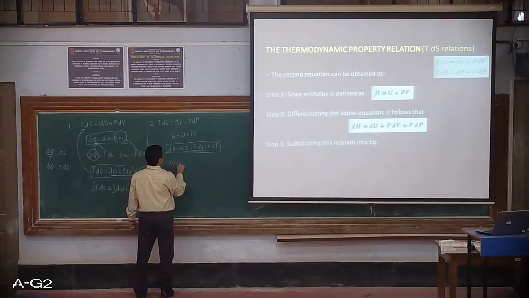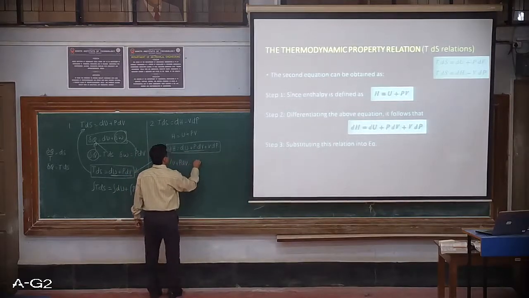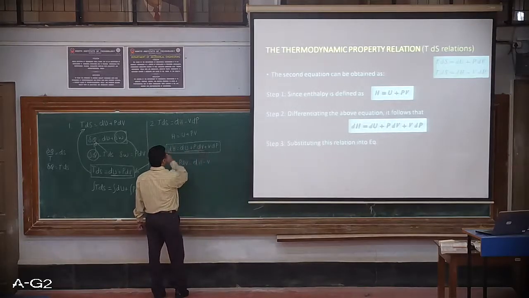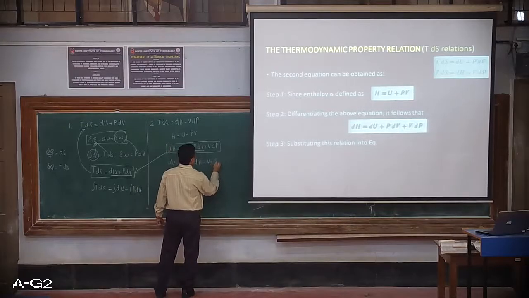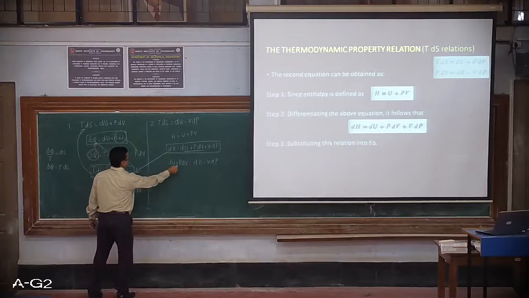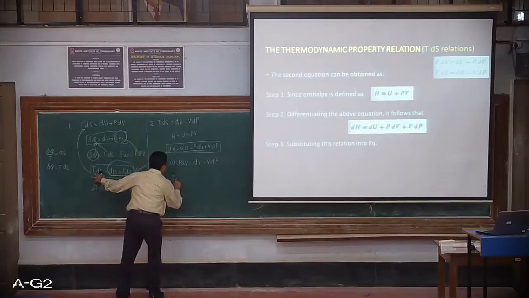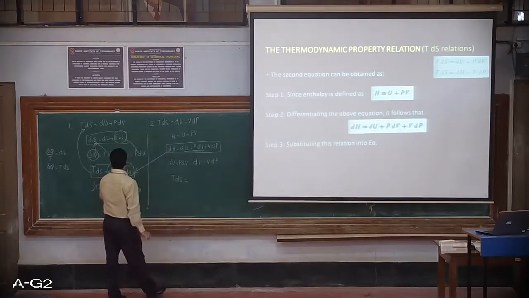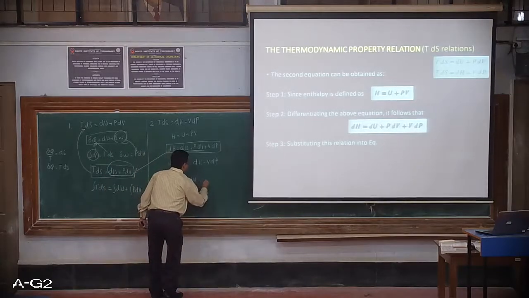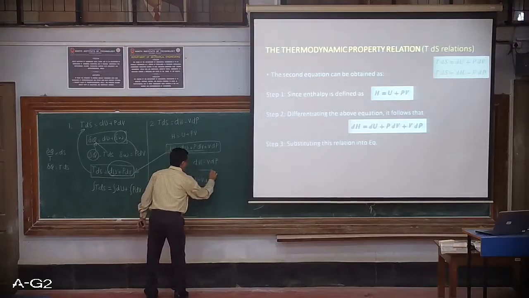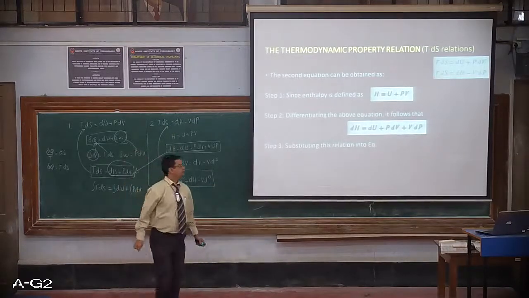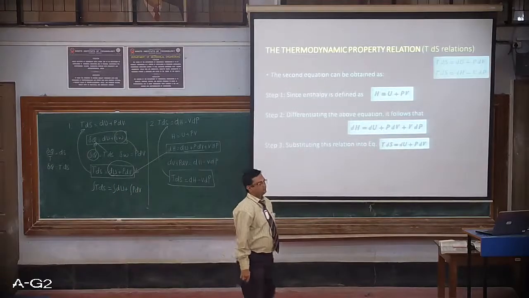So dU plus PdV is equal to dH minus VdP. If I substitute this in TdS equal to dU plus PdV, it is nothing but dH minus VdP, which is the required form. It's as simple as that.